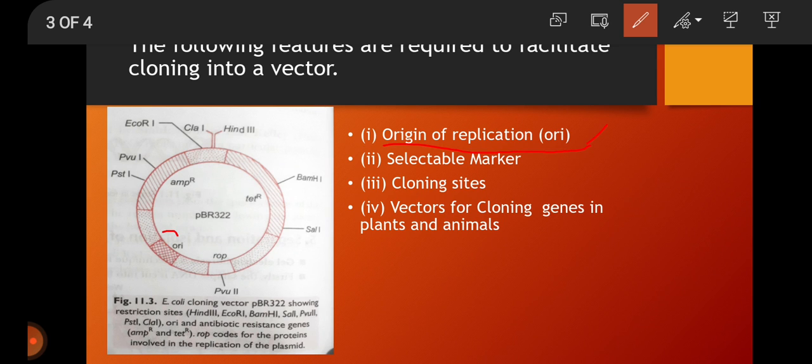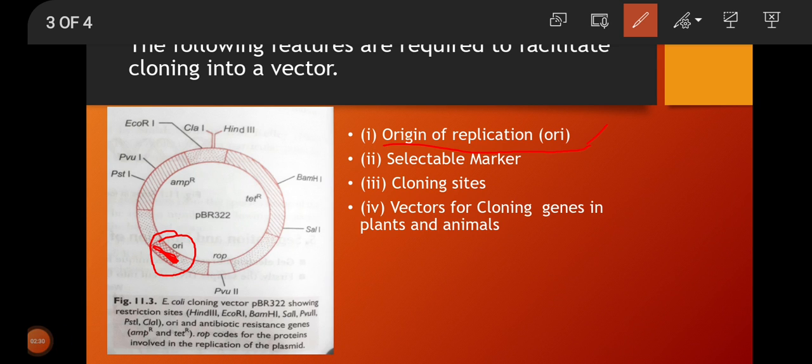You can see in this diagram, this region is known as the ORI. This is a DNA sequence that is responsible for initiating replication. Any piece of DNA when linked to this sequence can replicate within the host cell. ORI also controls the copy number of the linked DNA. For many copies of target DNA, it should be cloned in a vector whose origin supports high copy number.